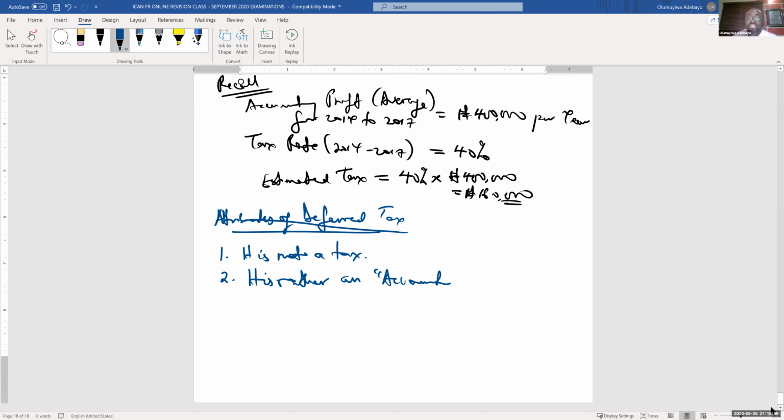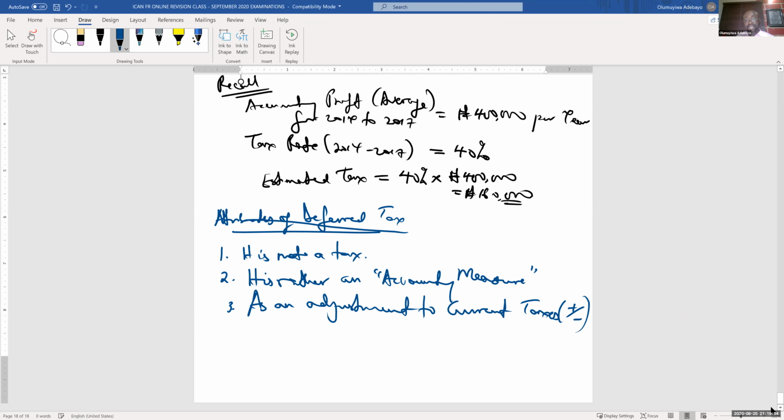And why do we need this measure? It's an accounting measure, an adjustment to what? To current taxes. That's why we said the adjustment can be positive or what? Negative. And why are we making an adjustment to current taxes?